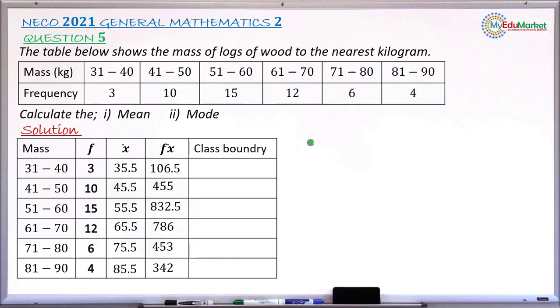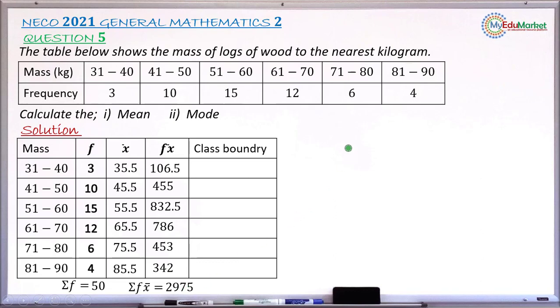So the summation of f, that is 3 plus 10 plus 15 plus 12 plus 6 plus 4, gives 50. And the summation of fx bar, 106.5, 455, and so on, if you did correctly, gives 2975.